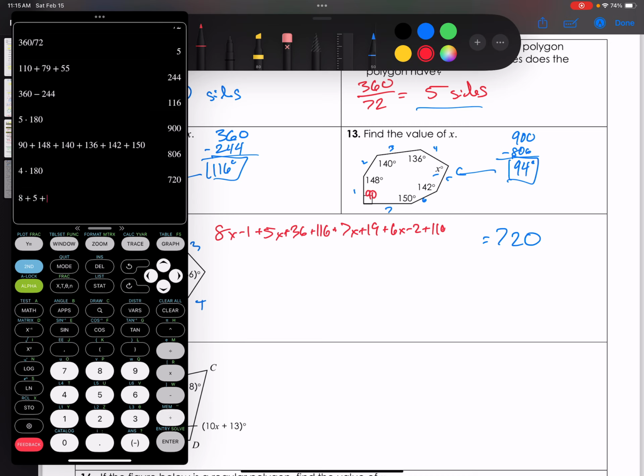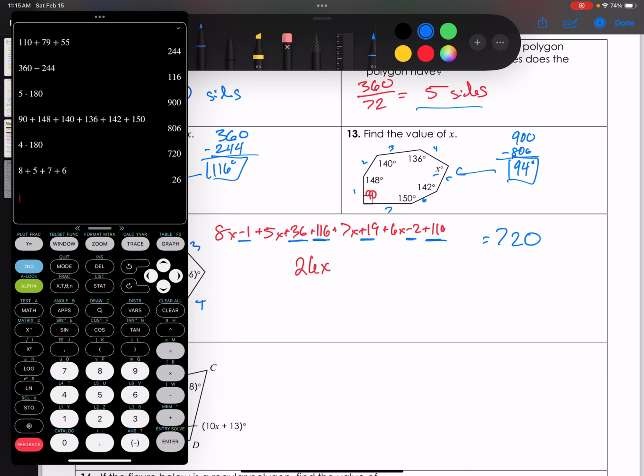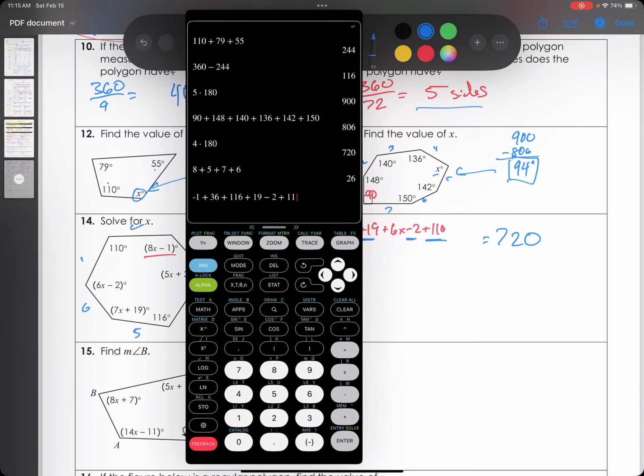We got 8 plus 5 plus 7 plus 6 gives me 26x, and then I'm going to underline all of my constants here so that I don't forget one. So we got -1, we got 36, we've got 116, we've got 19, we've got -2, and we've got, was that 110 or 116? 110. Oops.